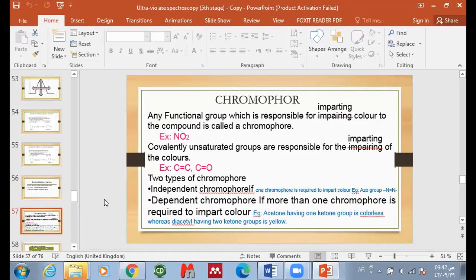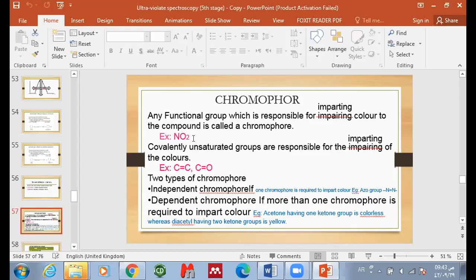So chromophore is the group or part of the molecule where the absorption proceeds and causes the color of the molecule. So it is the part which is responsible for the color in substances, such as azo group, nitro group. So those groups give color to the compounds which contain them.